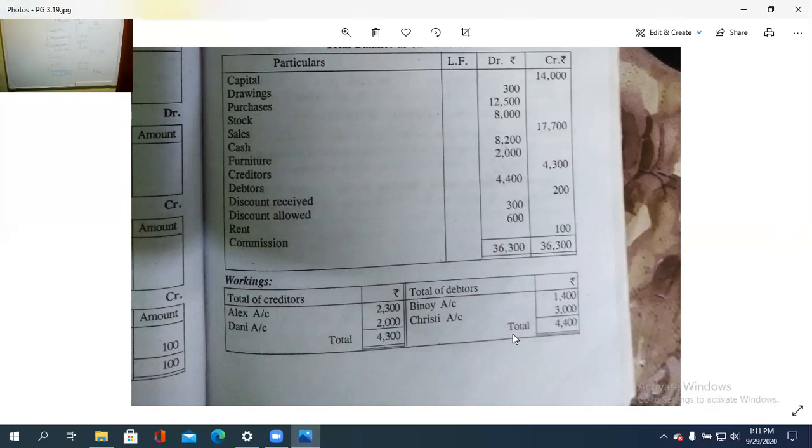See the working. Alex's account 2,300, Danny's account 2,000, and debtors how much? Debtors, it is 4,400. Then discount received and discount allowed.